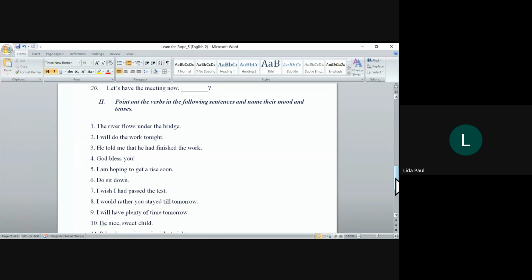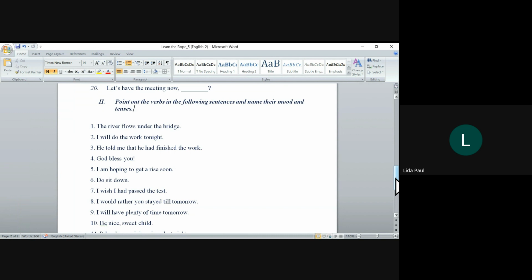So from that, you should understand that mood is the grammatical element that is associated with the verb in a sentence, right? Basically, the verb gives you an idea about the mood, right? But what is mood? Mood is very closely linked to what we discussed in the lectures on modal verbs, right? What do modal verbs do?